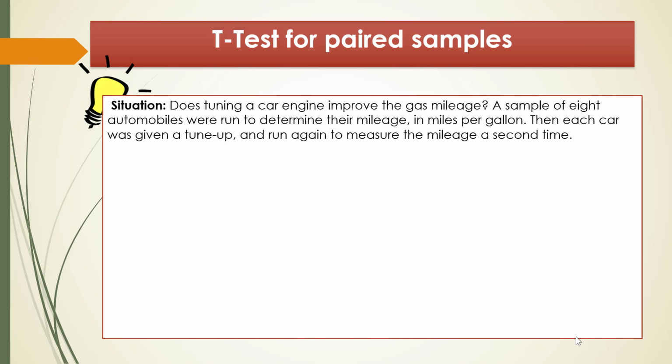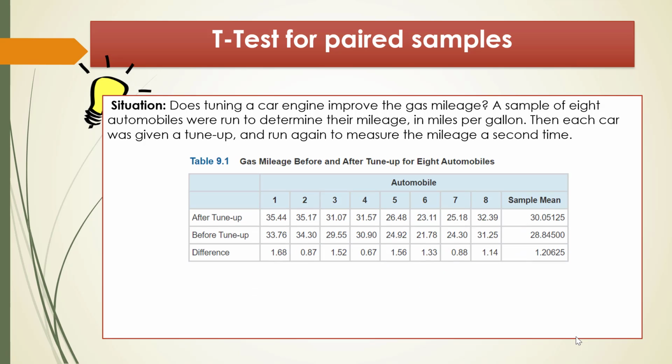So let's look at this situation. The Toyota car engine improved the car's mileage. A sample of 8 automobiles were drawn to determine their mileage in miles per gallon. Then each car was given a tune-up and run again to measure the mileage a second time. So this is the data set.